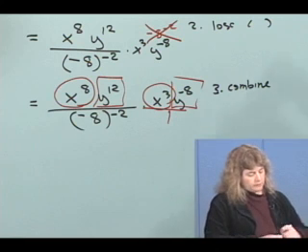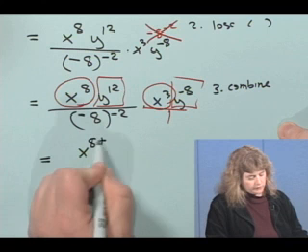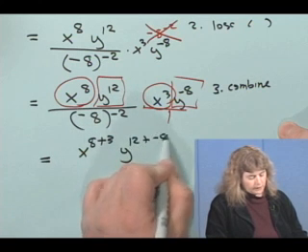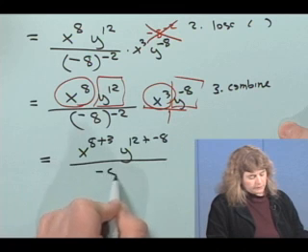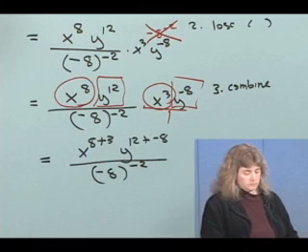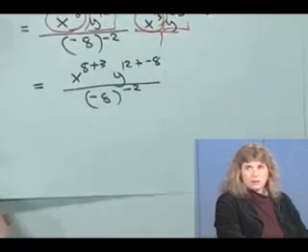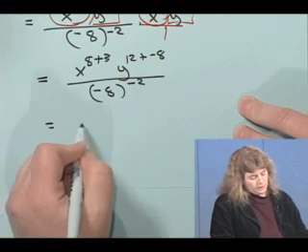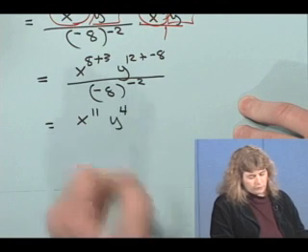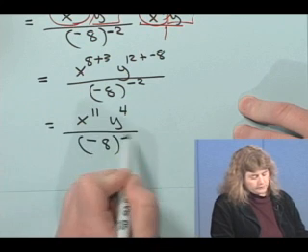So what we have is x to the 8 plus 3, y to the 12 plus a negative 8, still divided by negative 8 to the negative 2. I won't do anything with the number yet, just bring it along. And now we have x to the 11th power, y to the 4th power, divided by negative 8 to the negative 2.